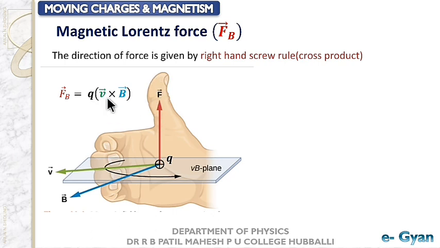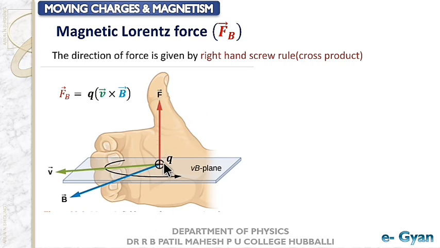So it is v cross B. Remember, it is v cross B, and the angle should be between v and B. This can be simplified and written as Fb is equal to qvB sine theta, and you get the magnitude of this force, and direction is given by the right hand screw rule.